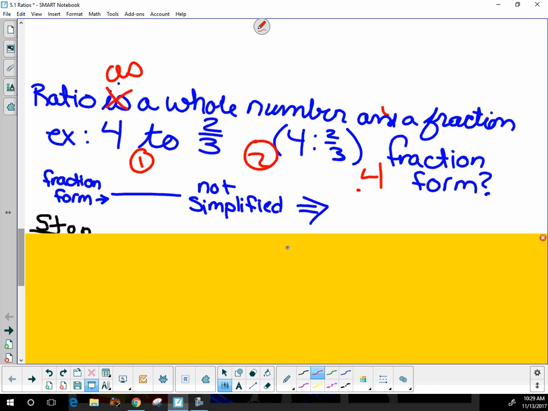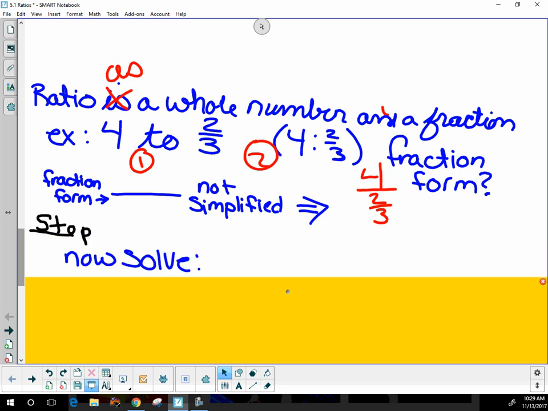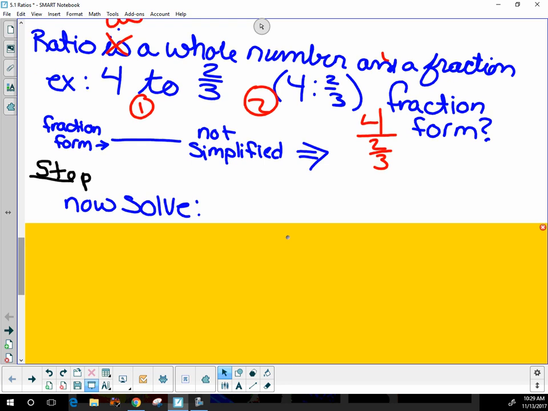Yeah, that weird totem pole of numbers. 4 to 2/3, and remember the first one goes on top. Now that's not simplified. Okay, so we're going to have to figure out how to make this a simplified fraction. I'm sorry, not a fraction, a decimal. We're going to have to figure out how we are going to solve that problem.